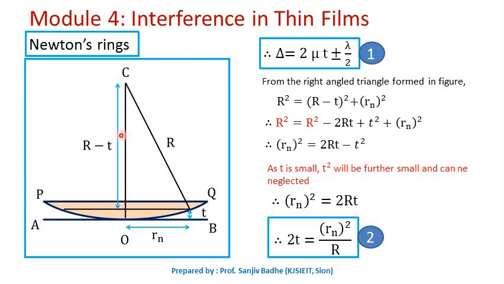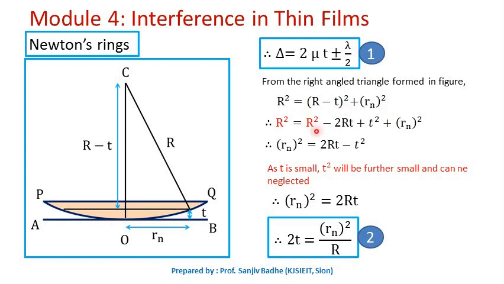So here we will get a right angle triangle in which this side is R, radius of curvature of the spherical surface. This is Rn, radius of nth ring, and this is R minus t. From this right angle triangle, we can write R square equal to (R minus t) square plus Rn square.